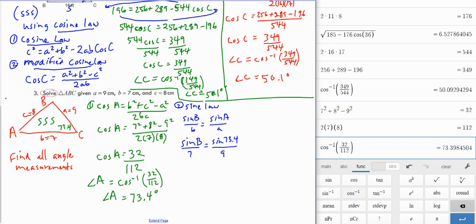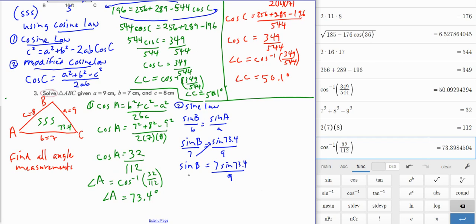We are going to cross multiply our 7 up. So sine B is 7 sine 73.4 over 9.